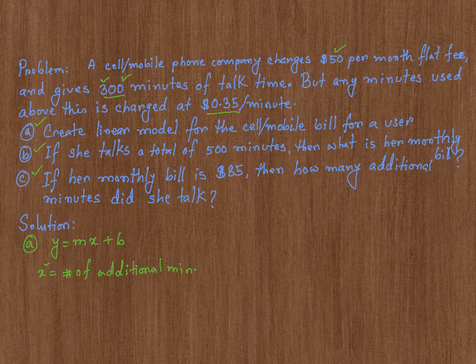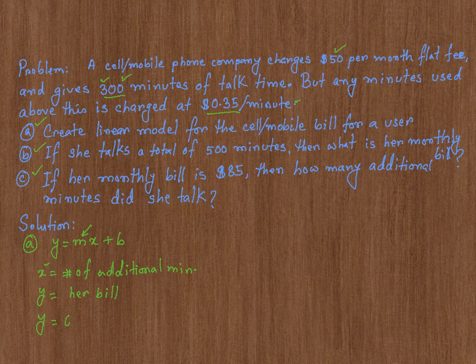Now, what we are going to do is this. We are going to find y. What is y? Y is her bill, monthly bill. So now, we are going to create the linear model y is equal to slope. Slope is how much money she is paying per minute. That's the rate of change. For speaking an additional minute, how much is she paying?